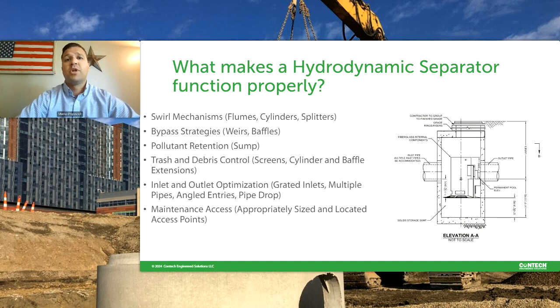So with that, the really bread and butter, if you will, of the hydrodynamic separator would be the swirl mechanisms, taking a flume, channeling it in through a cylinder, and getting a vortex path to elongate that. Similarly with splitters to get a dual vortex path. And then from there, most of these have quite a bit of internal bypass requirements.